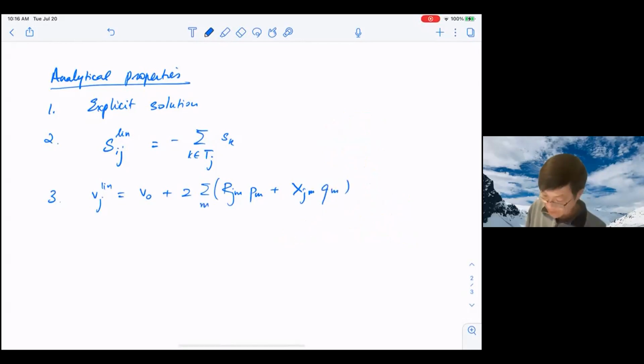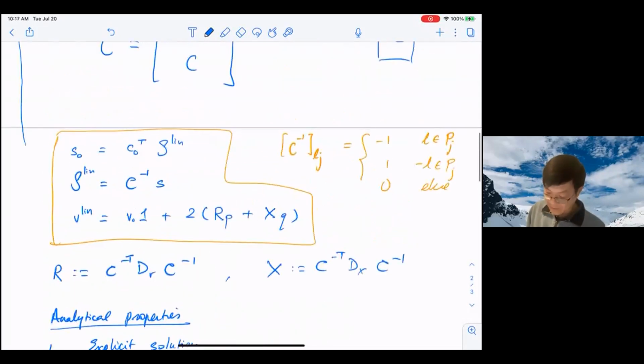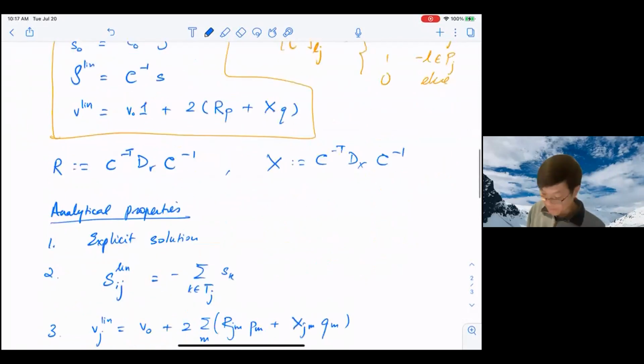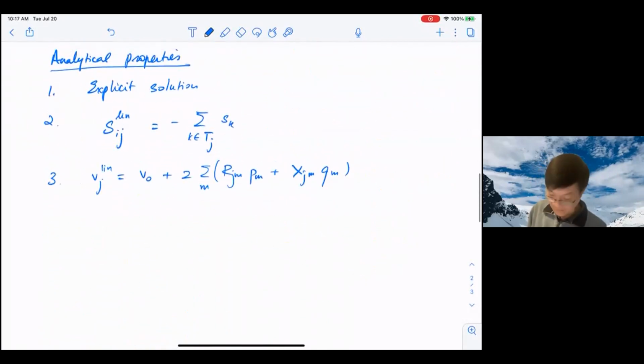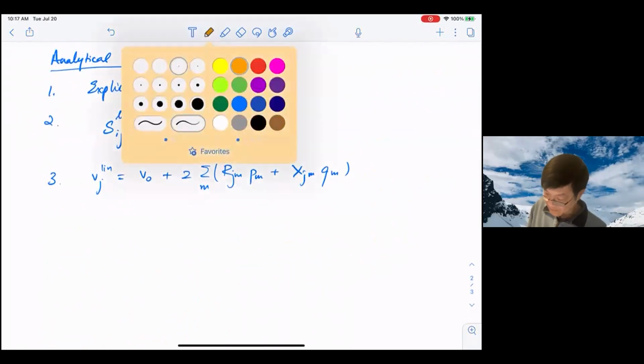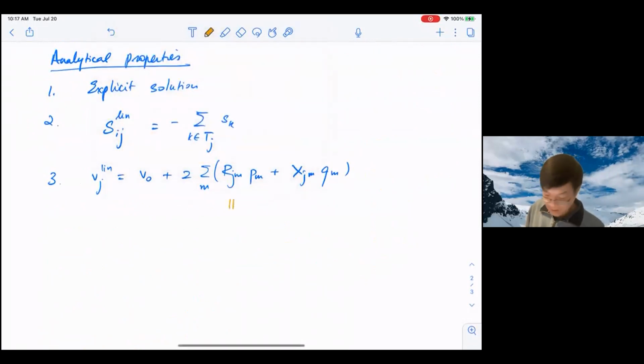So this is simply writing out the explicit solution here, but it has a nice physical interpretation. Now, what is this? Let me write this down first: the lines k in the intersection of the paths P_j and P_m.